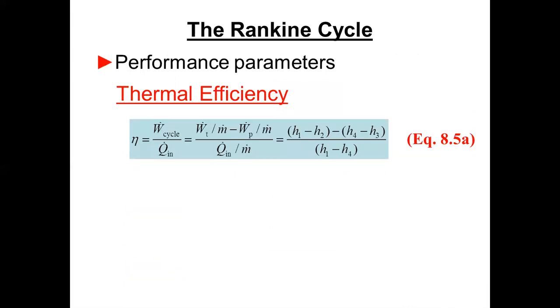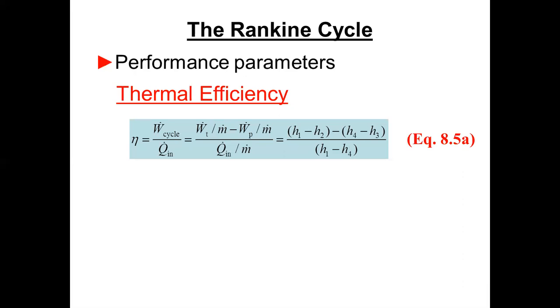Okay, performance parameters. We have thermal efficiency, like we said, which is the net work out of the cycle divided by the costly input, which would be the heat transfer rate into the working fluid by the boiler. And so to calculate that net cycle work, that's the work produced by the turbine per pound mass, minus the specific work that had to go into the pump, and those are both positive numbers, the way we've written the equation.